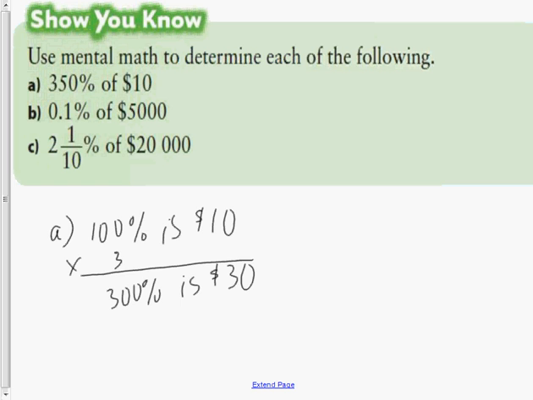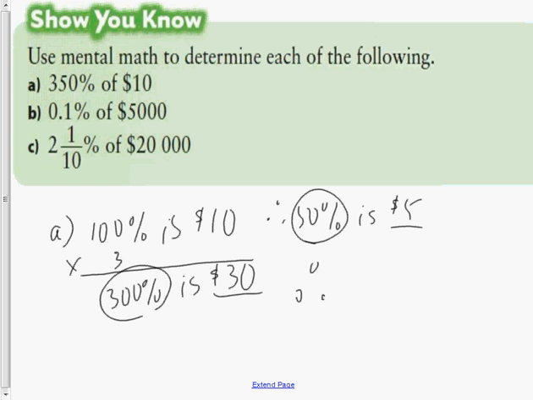And since 100% is $10, I also know that 50% would be half of $10, which is $5. So 300% is 30 bucks, 50% is $5. So therefore, 350% is $35.